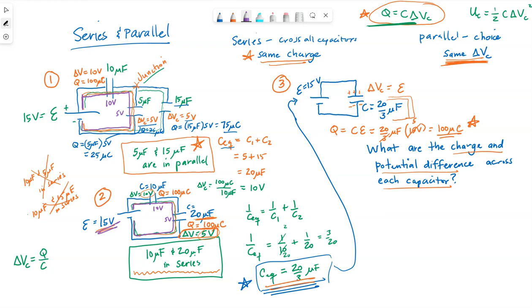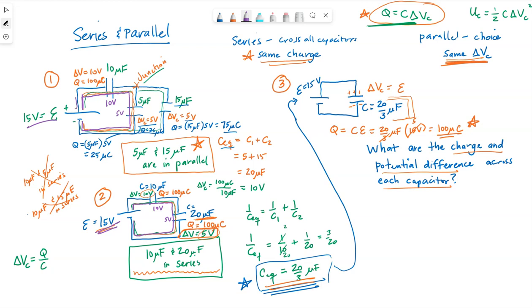That 10 and that 5 still add up to be 15, which is good. That is a required thing. We have to have essentially every element we pass in making our path all, what's the right word here? They all have a portion of the potential of the battery. So they have to add up to the battery's potential.